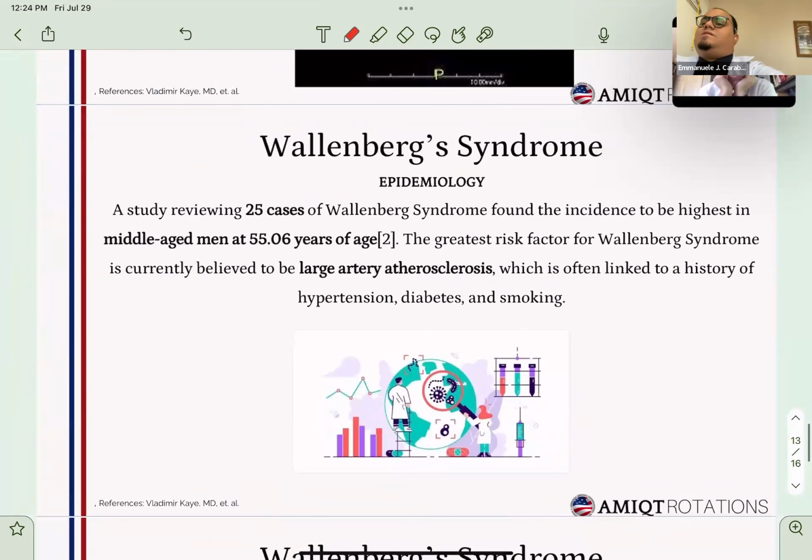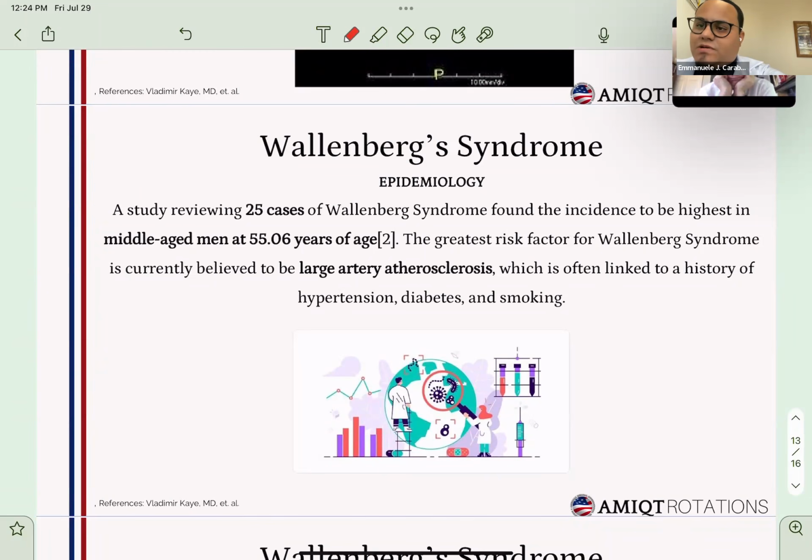What is the epidemiology of these patients? In a study of 25 cases, they found that most of the time Wallenberg syndrome is found in middle-aged men of approximately 55 years of age, who present with large artery atherosclerosis.